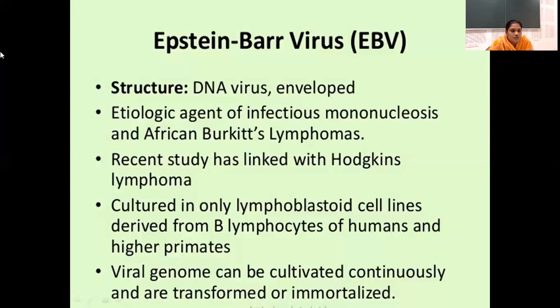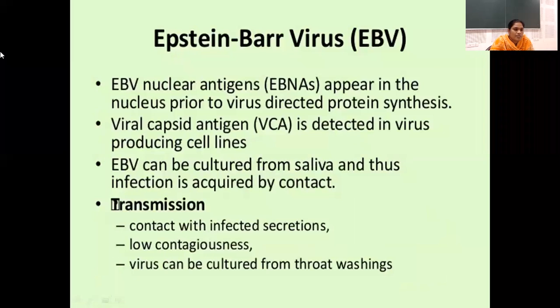It is cultured only in lymphoblastoid cell lines derived from the B lymphocytes of humans and higher primates. The transmission is usually by contact with the infected secretions. It is low contagious. It can be cultured from the throat washings.